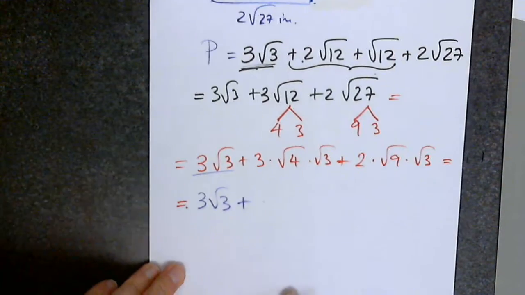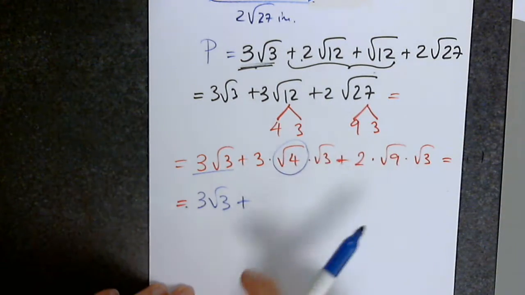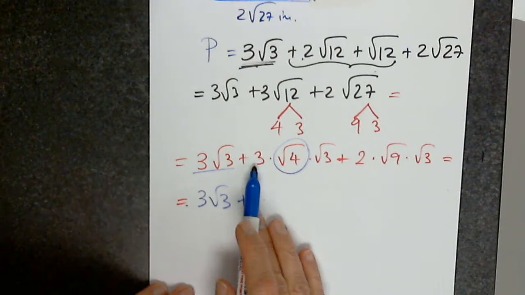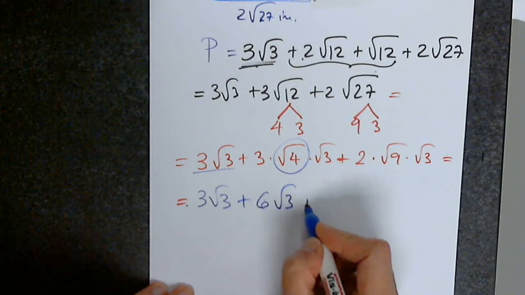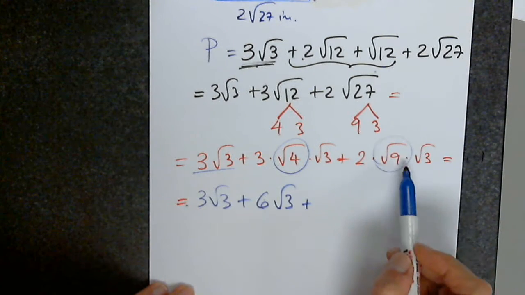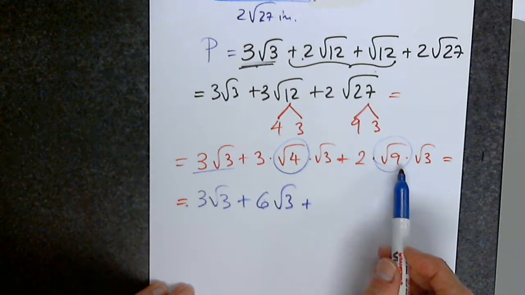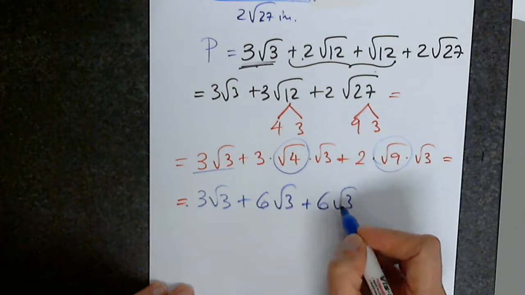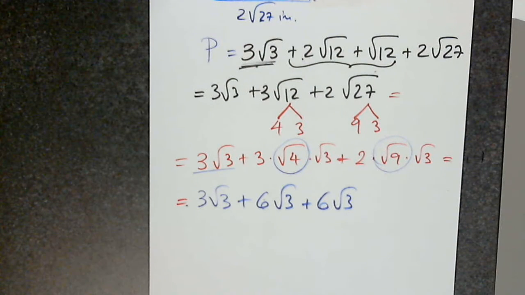But this is multiplied by 3, 6, and this is multiplied by 2. Only now I can say yes. In order to be able to give an exact value or measure of the perimeter, I have to keep it with the square root. That is exact.